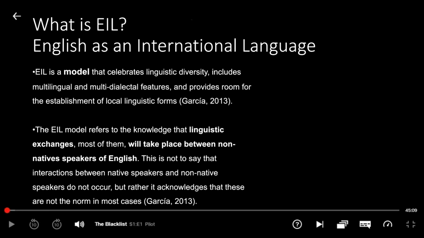According to Garcia 2013, the English as an international language model refers to the knowledge that linguistic exchanges, or most of them, will take place between non-native speakers of English. This is not to say that interactions between native speakers and non-native speakers do not occur, but rather it acknowledges that these are not the norm in most cases. So most linguistic exchanges will be between two people whose first language is not English, and usually their first languages differ from each other.